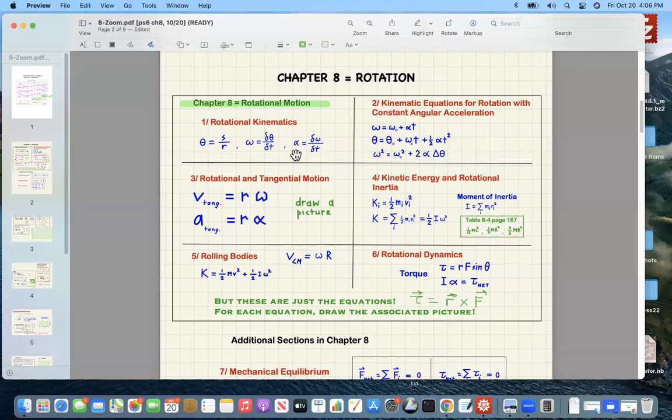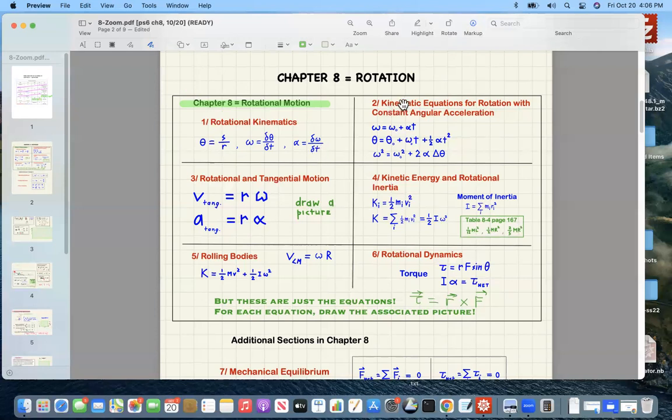Then finally, there's an acceleration, which is the rate of change of the velocity, and we'll call that alpha in the case of angular motion. So alpha is the rate of change of omega with respect to time.